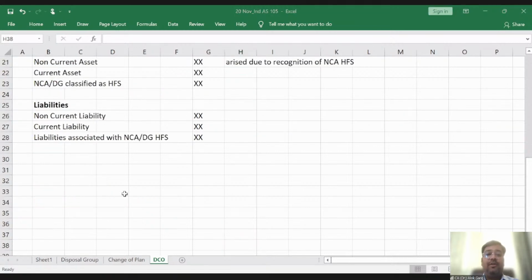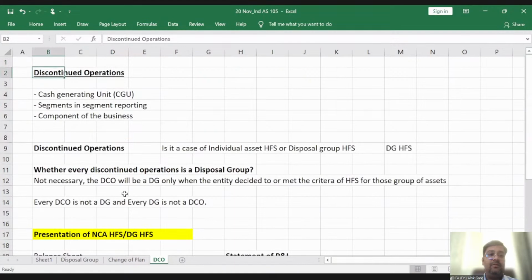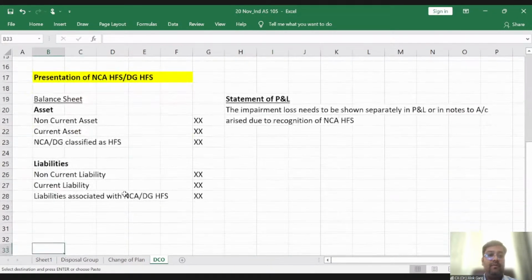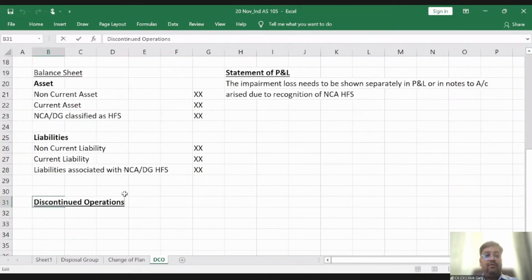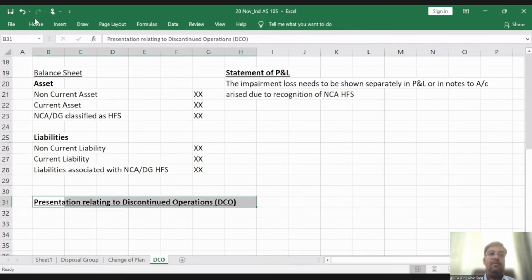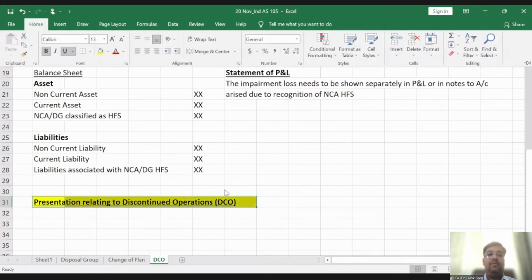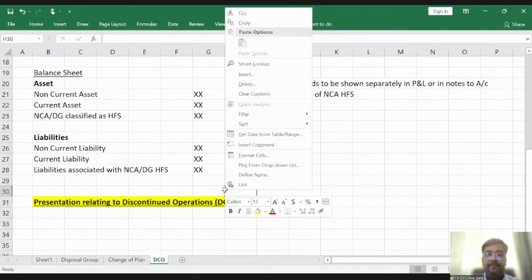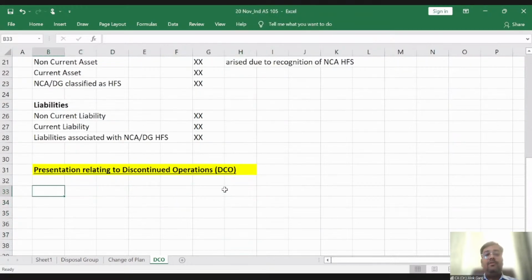Now let's talk about discontinued operations. Now let's talk about presentation of discontinued operations, and I'll call it DCO. So presentation relating to discontinued operations, DCO. This DCO may include a disposal group, may not include a disposal group.